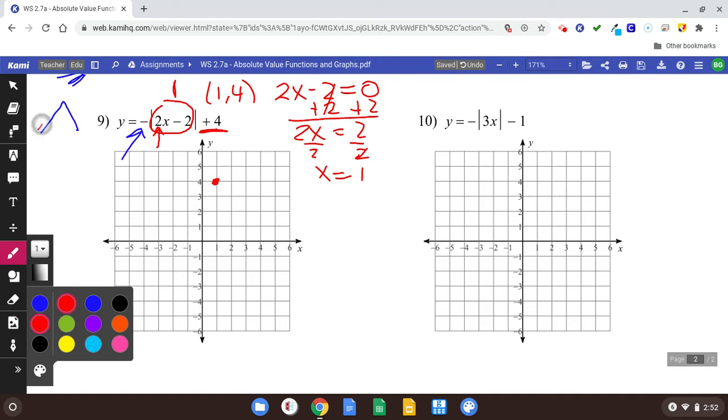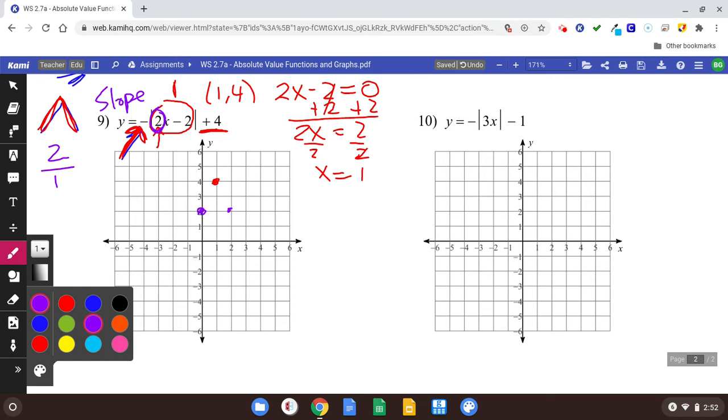Now, as we said before, that negative sign means this is going to be a flip. But this one's a little bit different. You can treat this 2 kind of like a slope. And so when I look at a 2, I want to think of it as 2 over 1. So in order to make my V shape, I'm not going to go down 1 and over 1. I'm going to go down 2 and over 1.